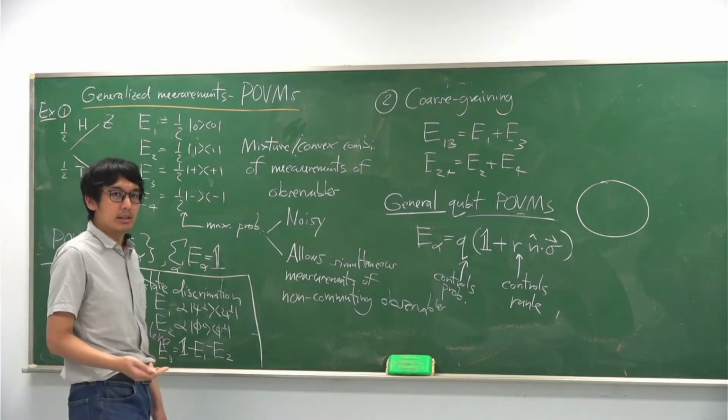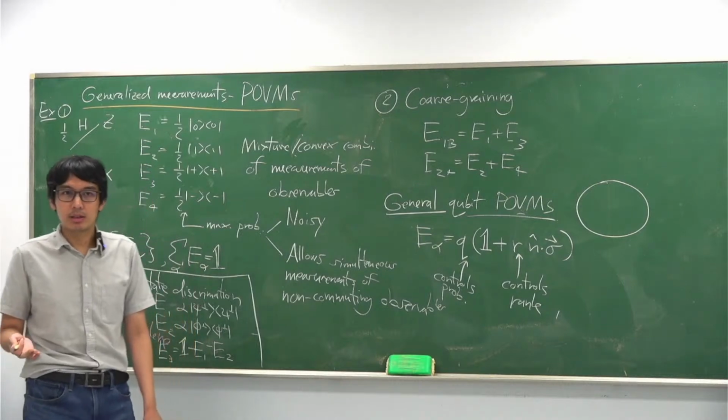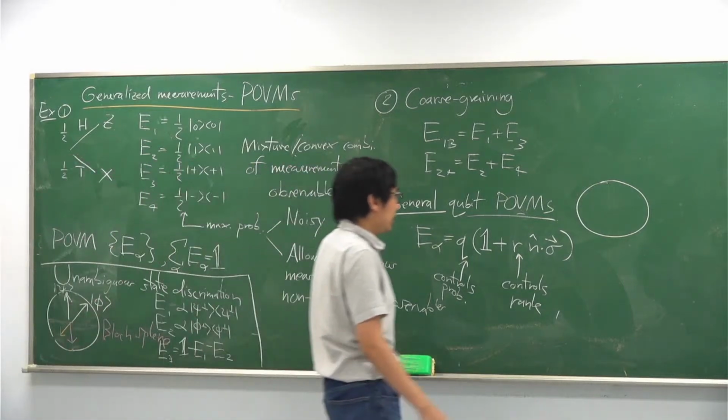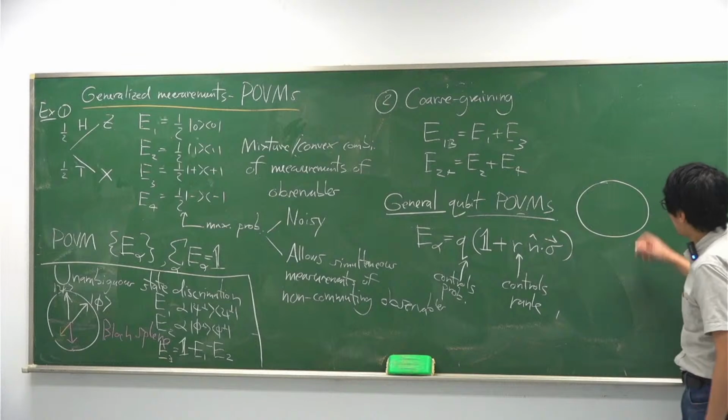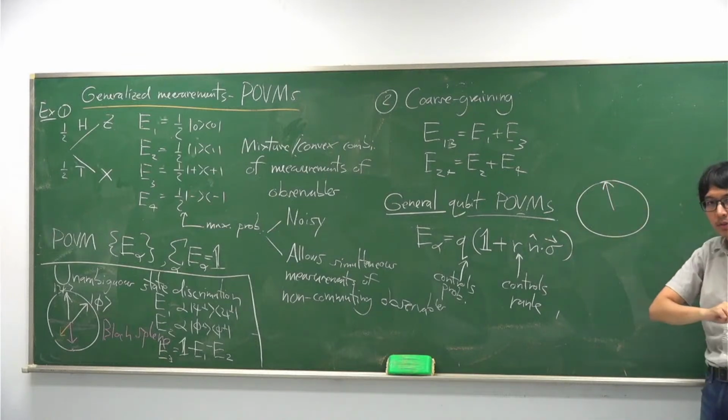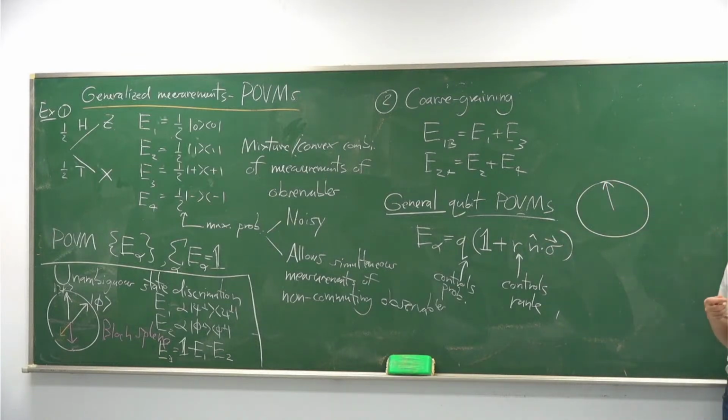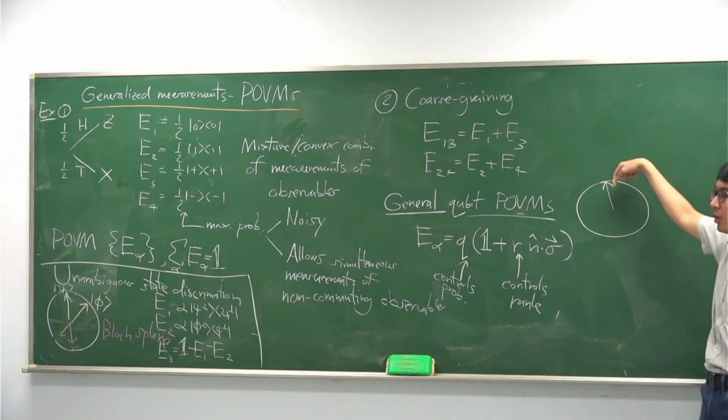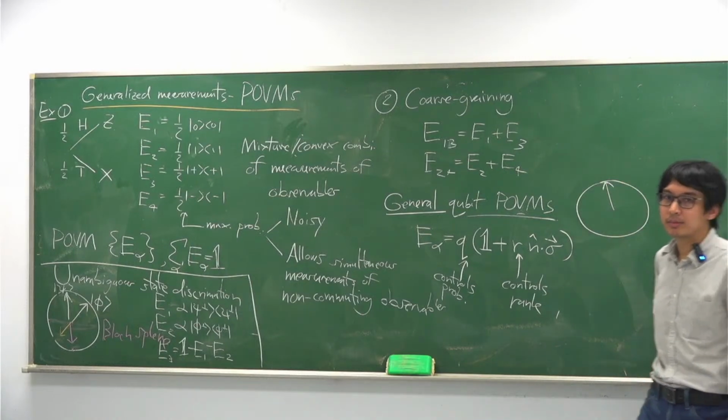The rank here meaning the dimension of the support of the operator, right? Because if R is 1, then you are on the surface of the Bloch sphere and your operator is rank 1, and if you go inside, your operator is rank 2.